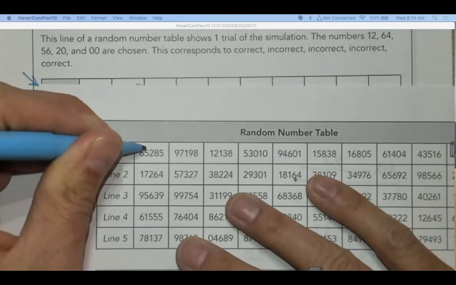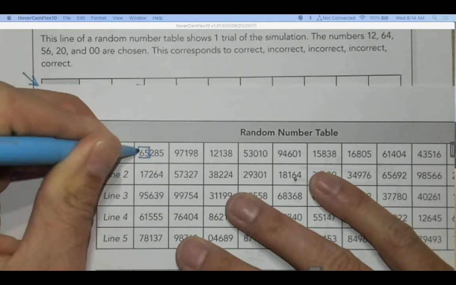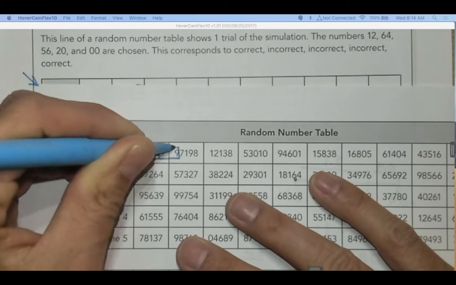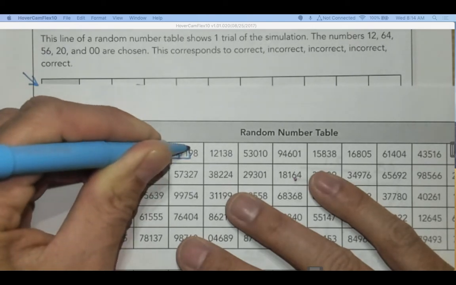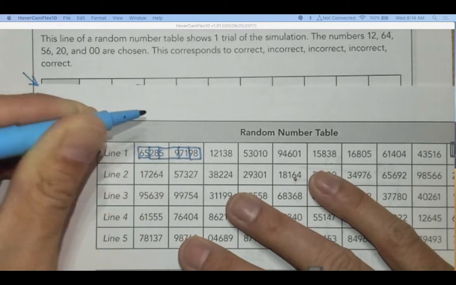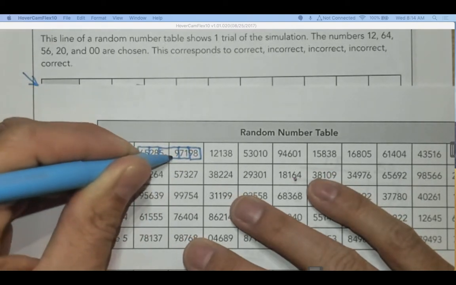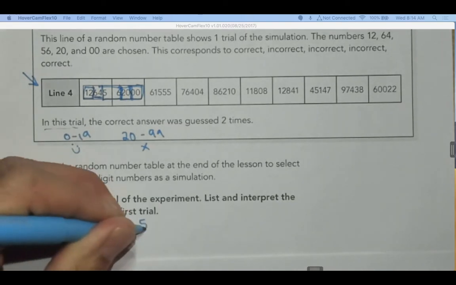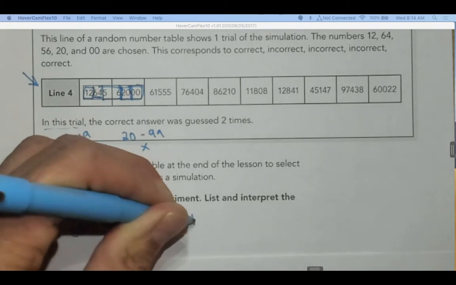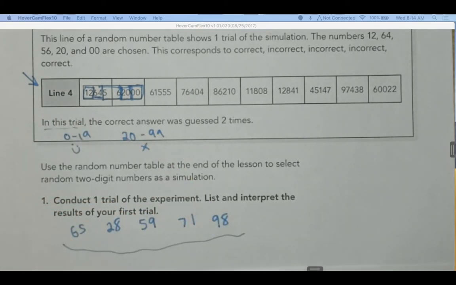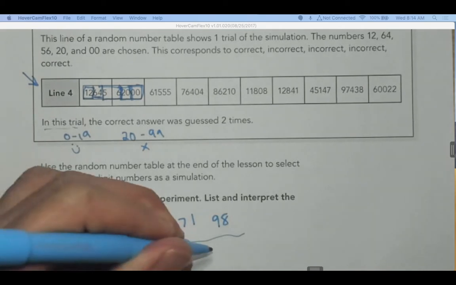And so if I do that, my first 5 are 65, 28, 59, 71, and 98. So no, no, no, no, no. For those 5, I would have 0 correct answers.